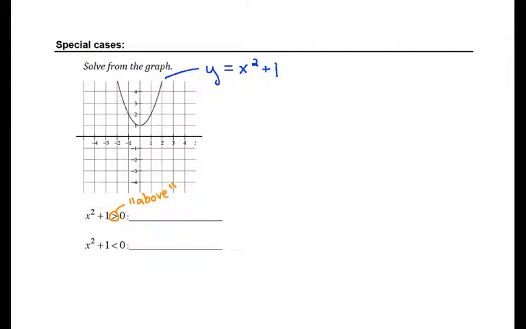Well, note that the entire graph sits above the x-axis. So that means for all values of x, this inequality is satisfied. And we would want to express this solution set as the set of all real numbers, which we can most easily abbreviate by this bold R, or we could write that as the interval from negative infinity to infinity.